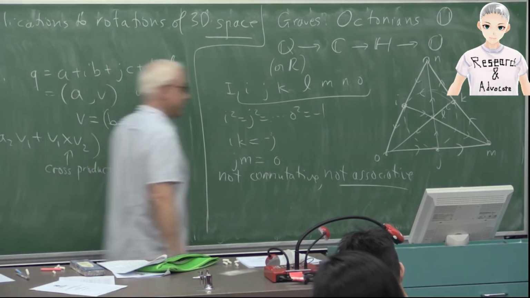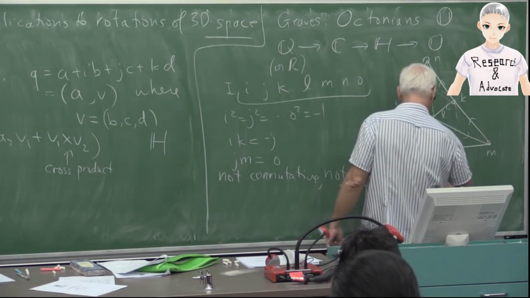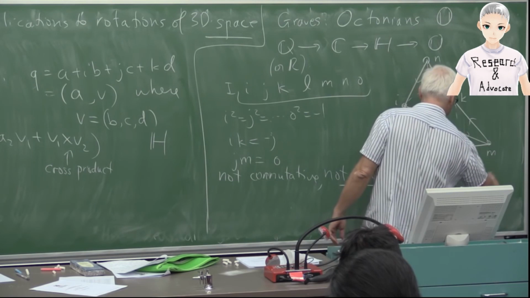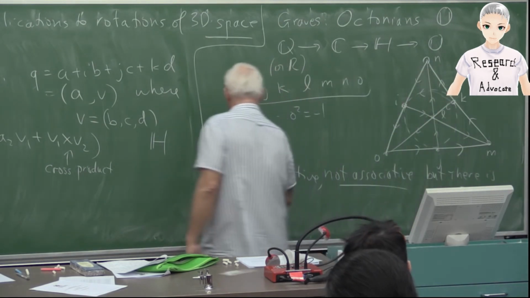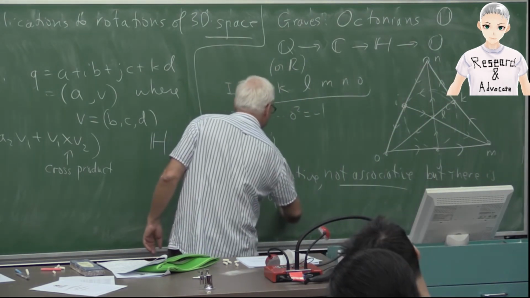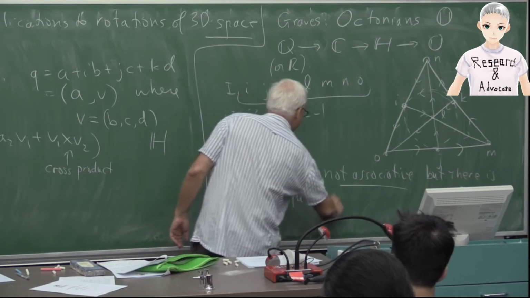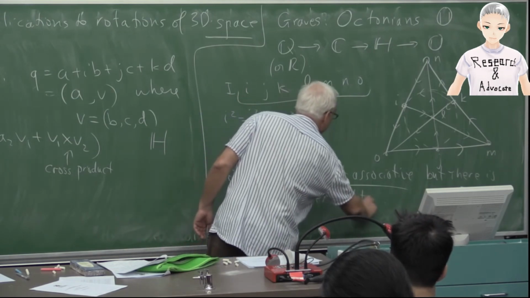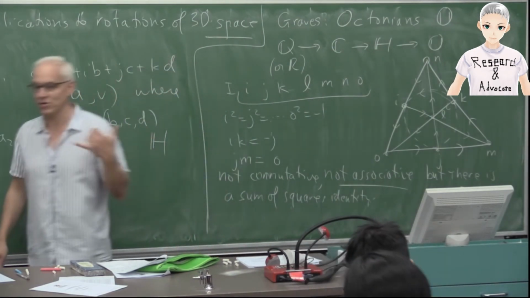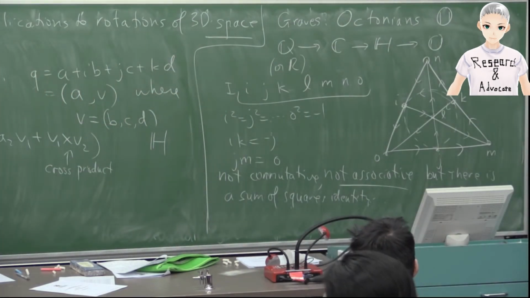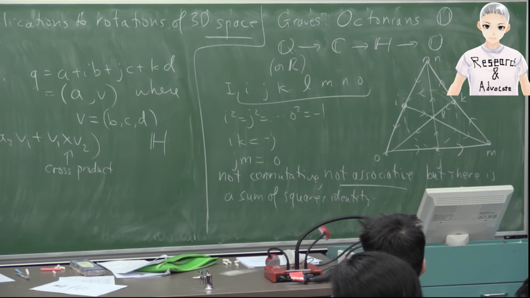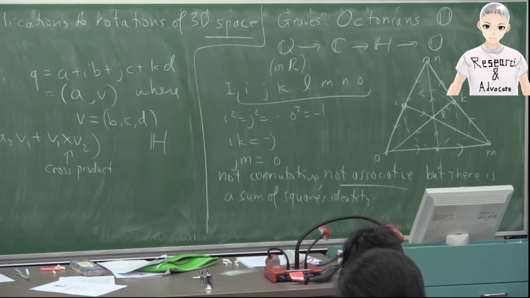But we do have a sum of squares identity. In other words, it is true that if you have 2 numbers which are the sum of 8 squares, then there's a formula that you can use to write the product as a sum of 8 squares, which is in the same spirit as Euler's formula, but has 8 squares in each term.